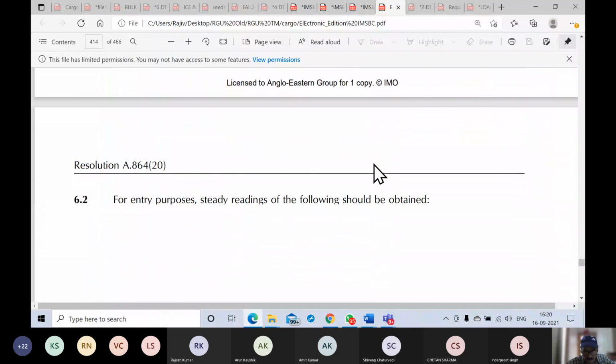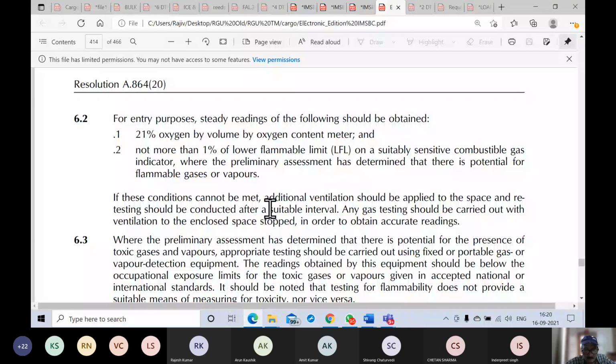We have used it, right? And of course 21% oxygen by volume, O2 meter, and LEL for lower flammable limit for potential flammable gases.